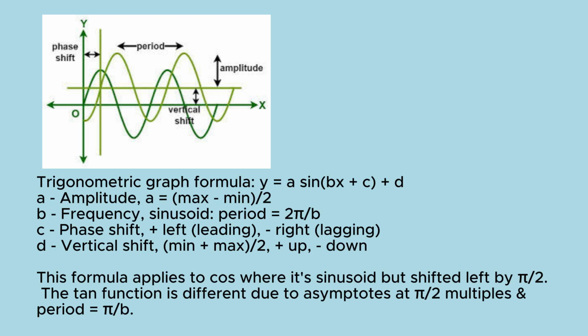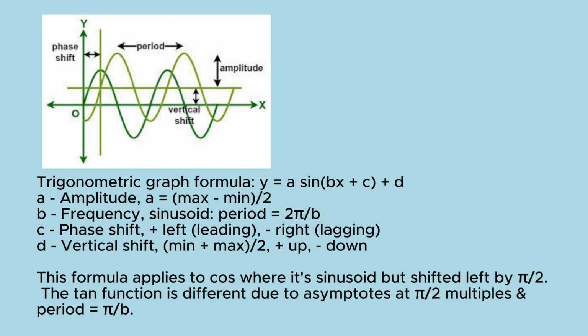As for phase shift, it shows the horizontal translation of the graph. So the positive will shift the graph to the left, which is leading, and negative is shifting to the right, which is lagging. The d is vertical shift, which you can find by having the minimum plus the maximum divided by 2.